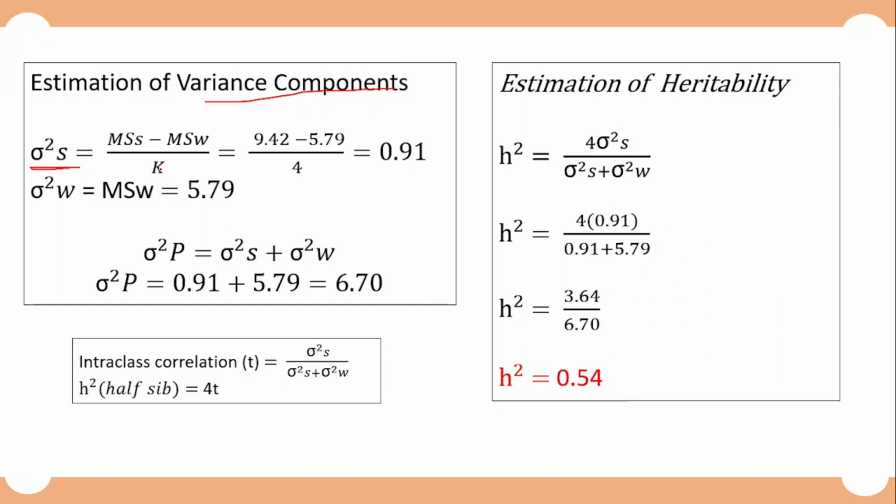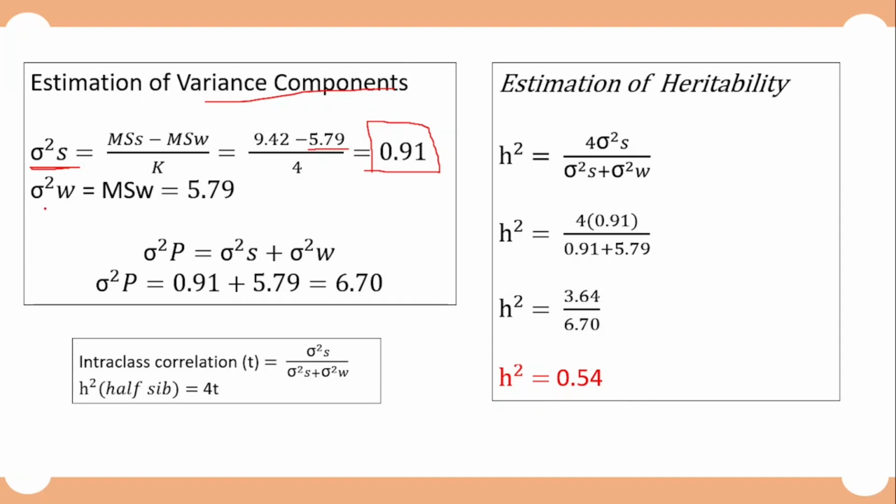This k is the number of observations in a group. So mean sum of square between sire is 9.42 and mean sum of square within sire is 5.79, divided by k, which is equal to 4. So after calculation, the sire variance is 0.91.